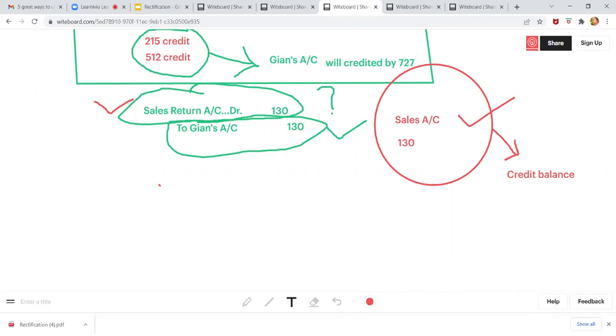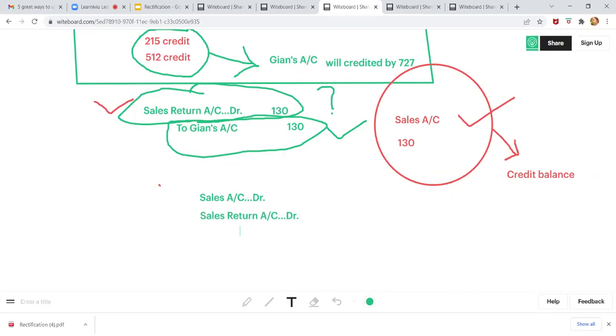So to nullify this effect, we will debit the sales account with the rupees 130. So here we will pass the rectifying journal entry as sales account debit as well as sales return account debit. Why debit? Because there was no entry or there was no posting in sales return account with 130 rupees, right?